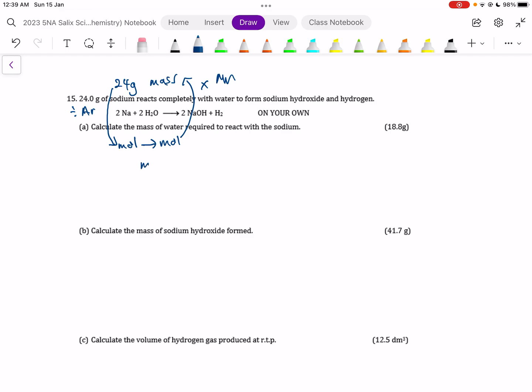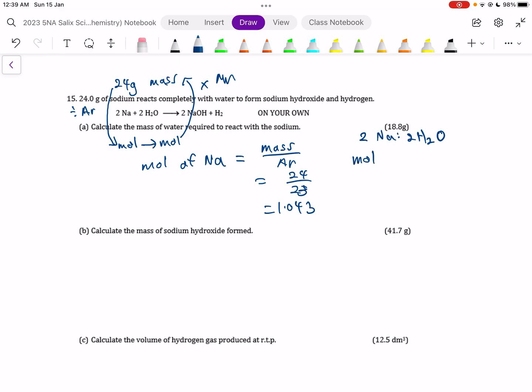So let's find the number of mole of your Na. You can do mass over Ar, 24 over 23, so 1.043. Then after that the mole ratio is 2Na to 2H2O.